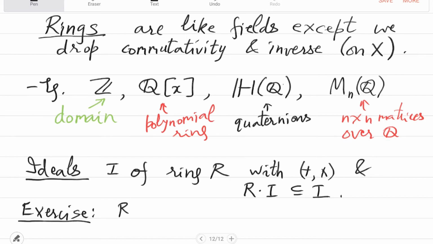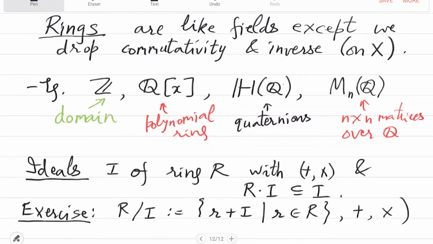That R mod I makes sense, and abstractly it has these elements R plus I for every element R in the ring, and there is addition operation and multiplication operation. Okay, so as a set it has these abstract elements. You can think of this as one element per ring element R, but there is also a plus I, remember.